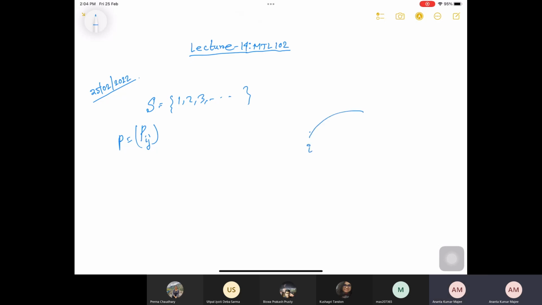Suppose this is my state i and this is my state j. Then I can draw an arrow, directed from i to j. This is my arc, directed from state i to state j, and then I give it a weight, which is nothing but my transition probability, Pij.